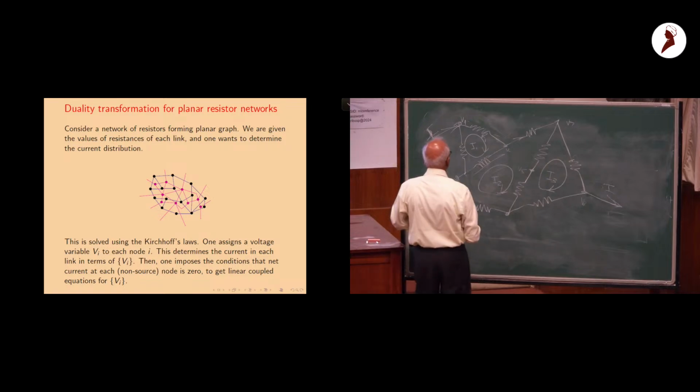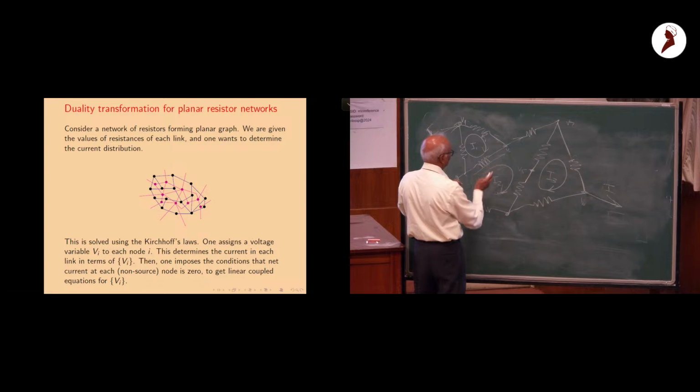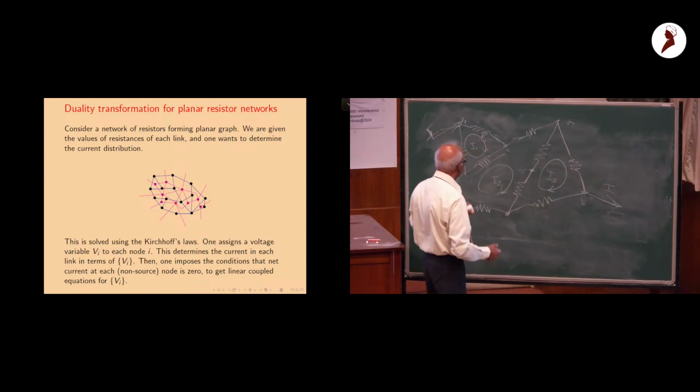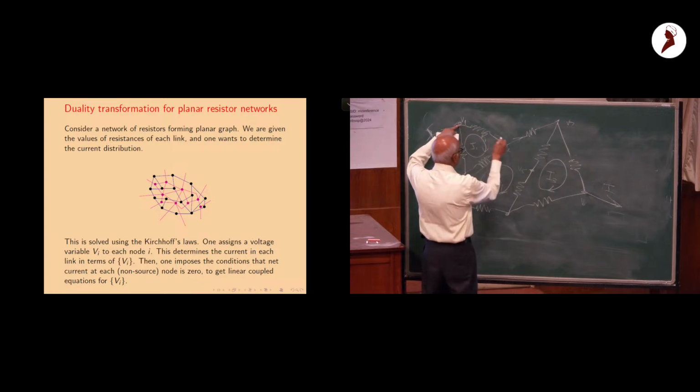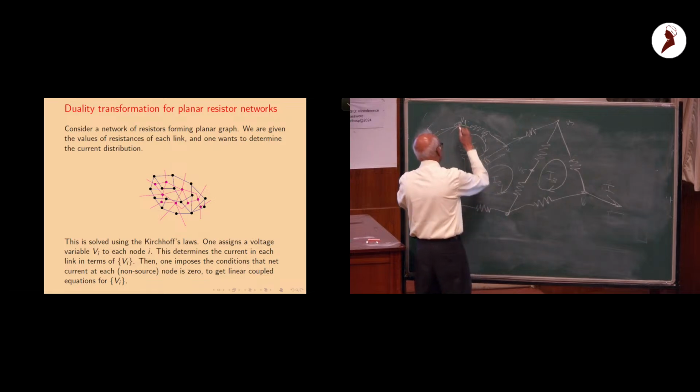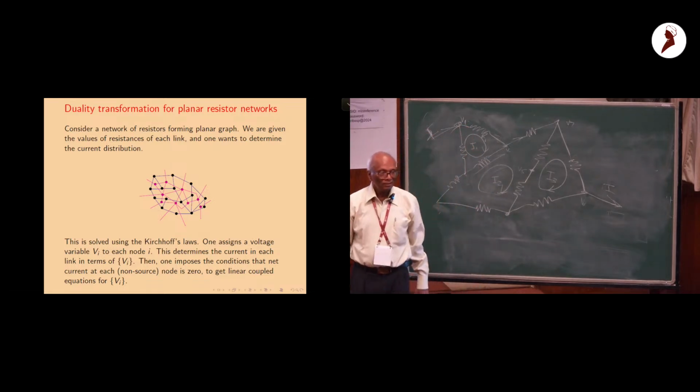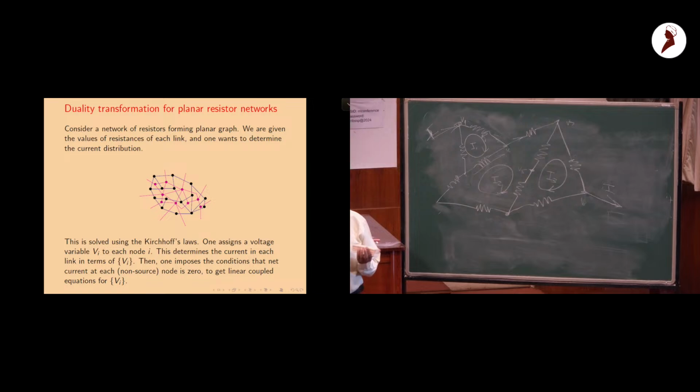Then the first law, which is that if you take the voltage difference from here to here plus the voltage difference from here to here plus the voltage difference from here to here, that should be 0, is a non-trivial equation in the current variables.